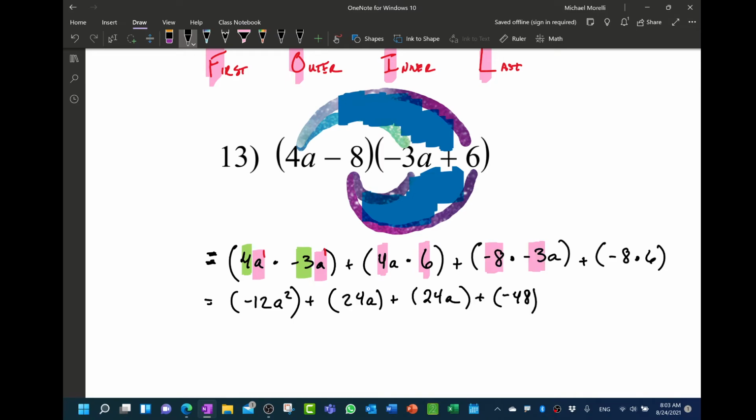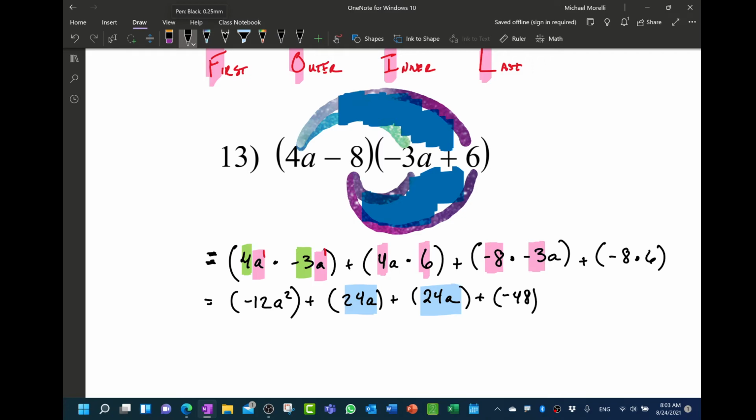And now we're going to play the game combine like terms. So do I see any other squares? No. Do I see any linear terms? Linear meaning there is no exponent, but there is a letter. Yes. Here and here. So those can be combined. And then I don't see any other constant terms, just numbers by themselves. So we're going to leave the first part the same.